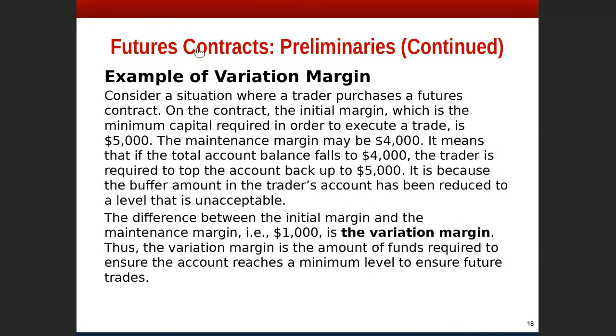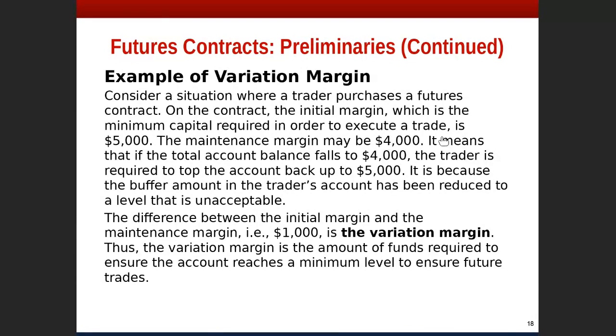Now I'm giving you an example of variation margin. Consider a situation where a trader purchases a futures contract. On the contract, the initial margin, which is the minimum capital required in order to execute a trade, is, let's assume, 5,000. Now, the maintenance margin may be 4,000, which means that at any given point in time, the equity position of this trader must be no less than $4,000.